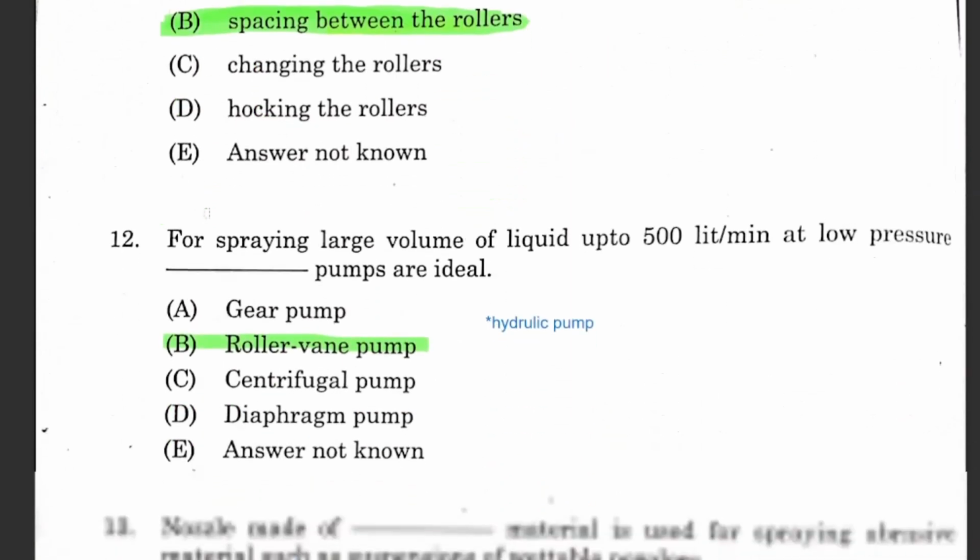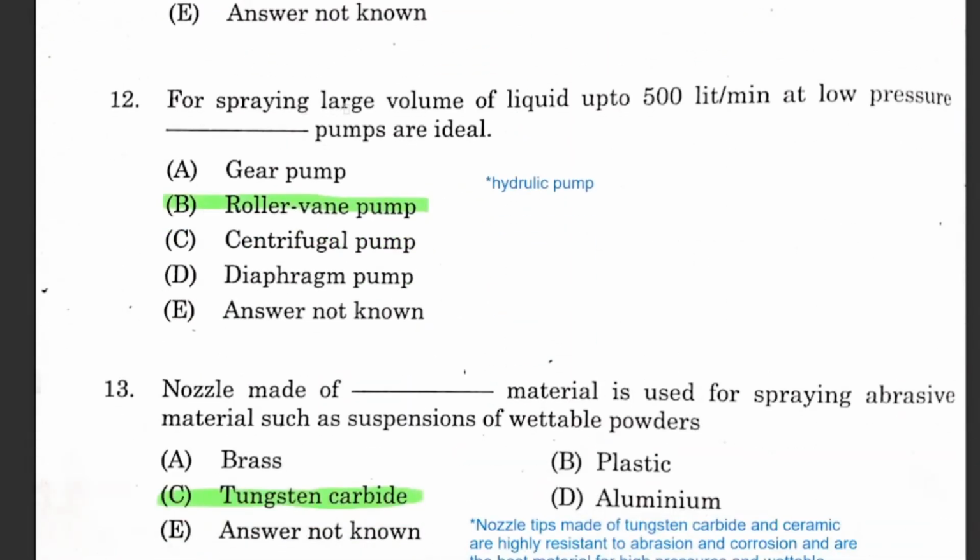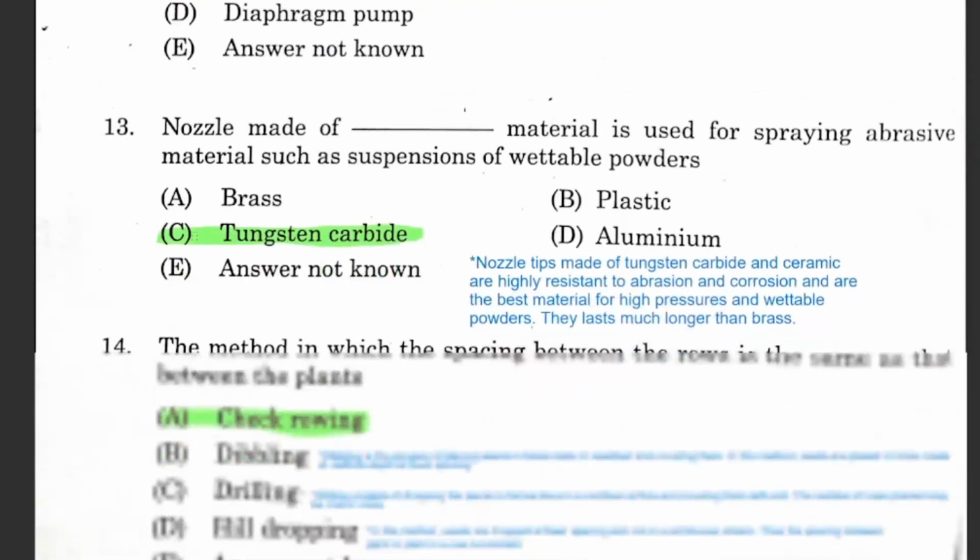Option B is correct here. Next one: for spraying a large volume of liquid, up to 500 liters per minute at low pressure, roller vane type pumps are ideal, and roller vane type pumps come under hydraulic pumps. So option D is correct.